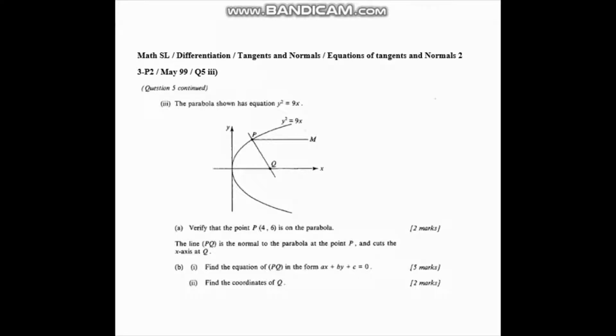So I am given the equation of the parabola y squared equals 9x, and I need to verify that the point (4, 6) lies on the parabola to solve question A. So I shall simply substitute 4 into the x and 6 into the y to check whether they satisfy the equation or not.